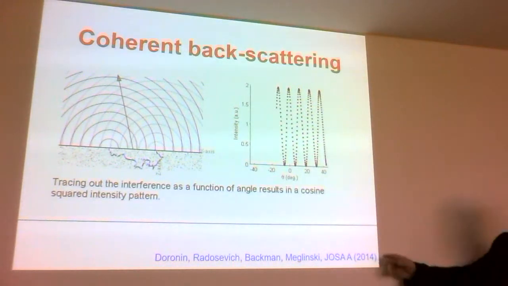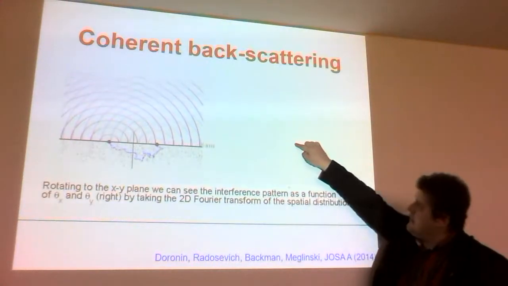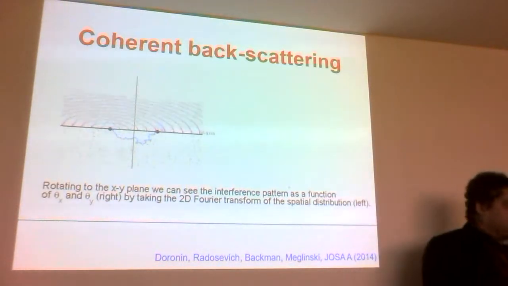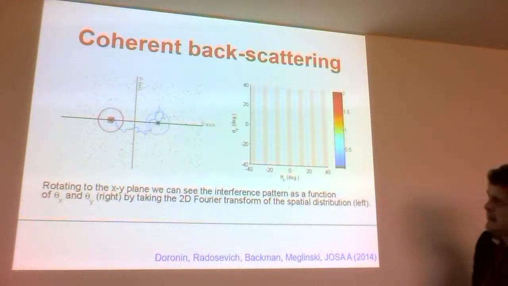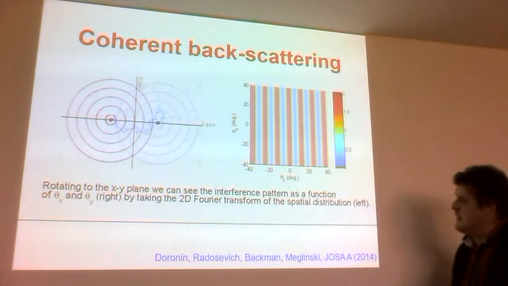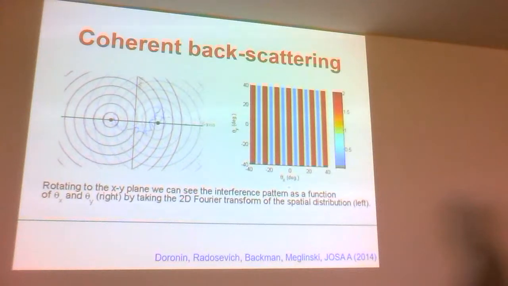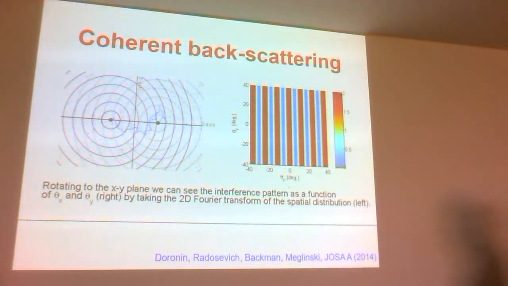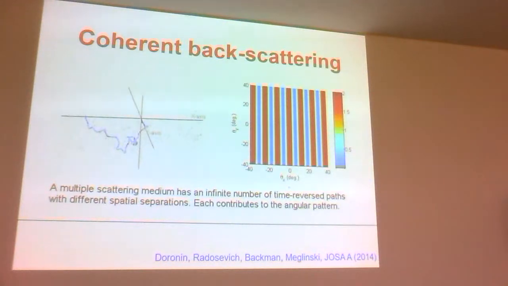What does it mean? If we just count the intensity, we will see enhancement or decrease of the signal. Thus, we can consider these as point sources. And again, if we do this 2D Fourier transform, we can see that sort of angular pattern distribution.